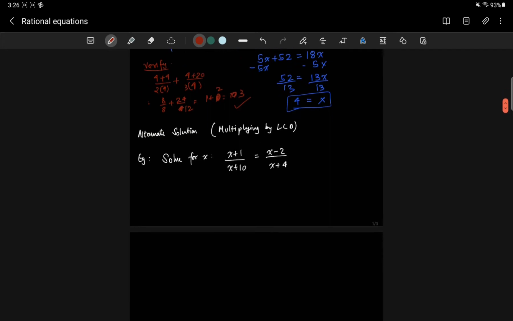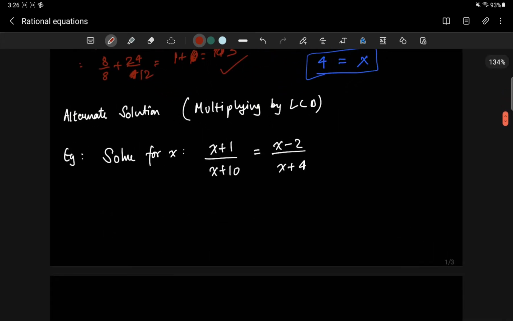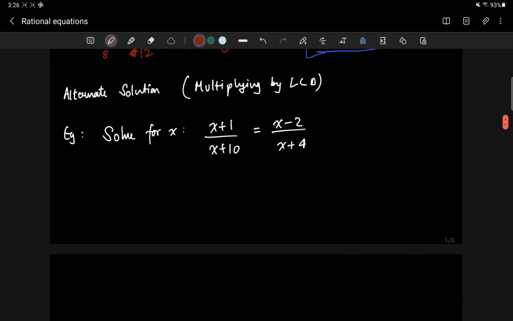Okay. The second example here, there are more than one ways of doing this. So here are the different ways of working on it.